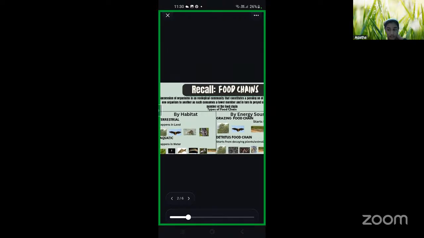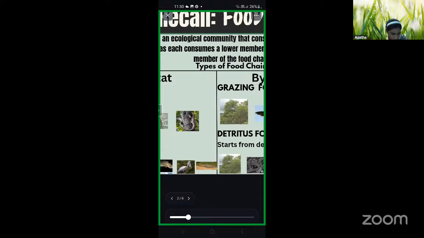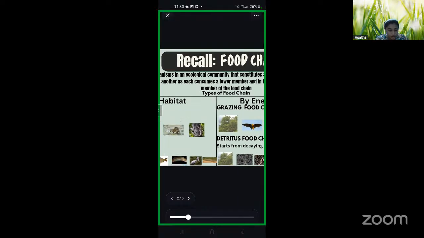Here the algae is eaten by the zooplankton, a small microorganism found in the water, which in turn is eaten by the cuttlefish and goes higher up the food chain. Now the energy from the algae reaches the mugger crocodile, the crocodile picture you can see here, through the food chain.